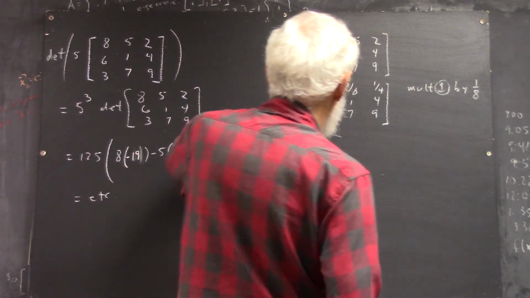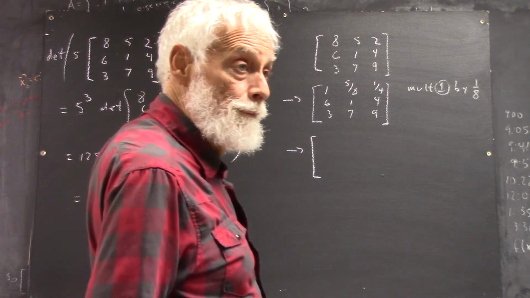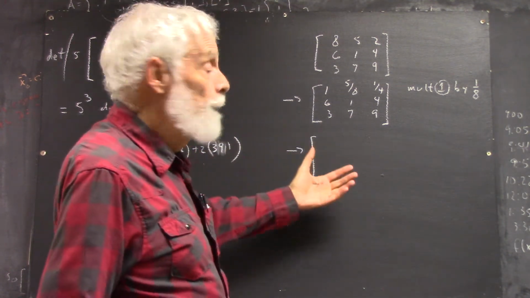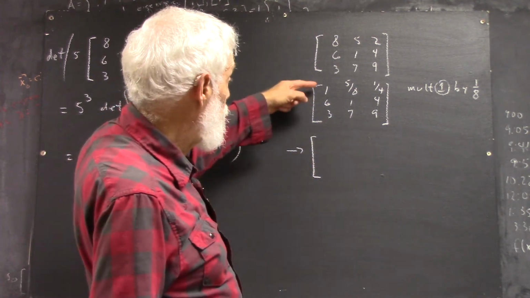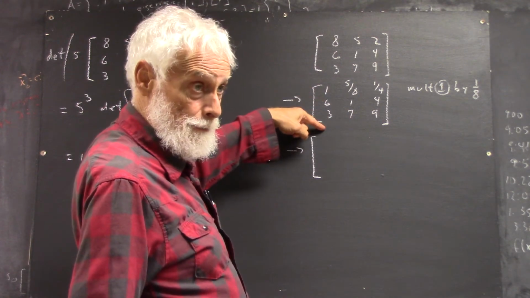And then we're going to take out the first column, and none of that is going to affect the determinant because I'm always adding a multiple of a row to another.